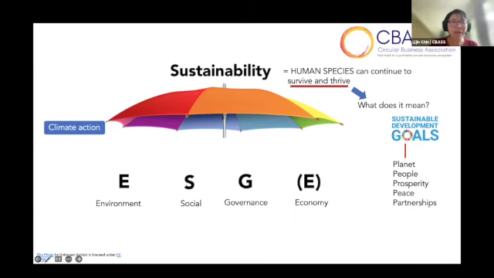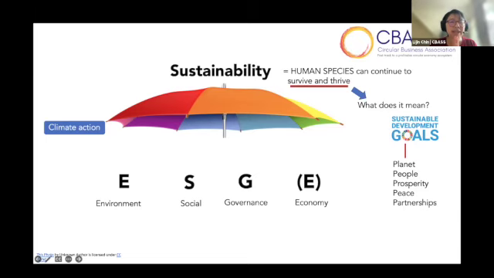Before the SDGs and Agenda 2030 came into play, in 2015, 2016, ESG was the way that corporations came up with expectations of what it is to be responsible.